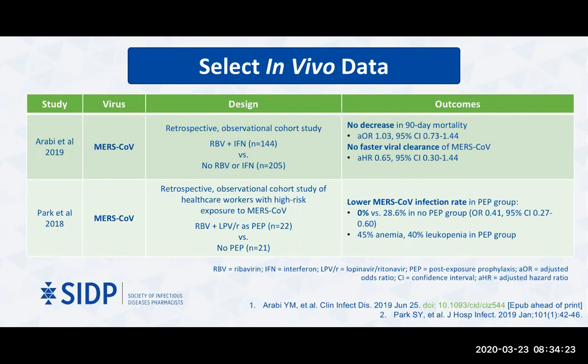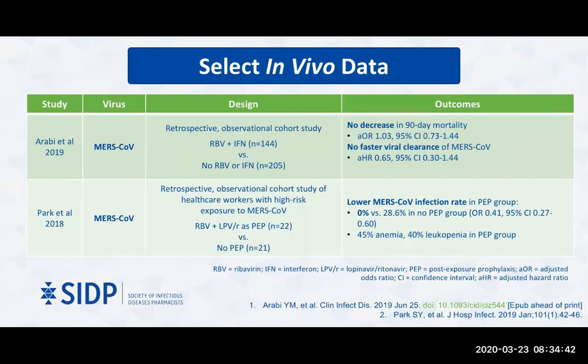And the Park and colleagues study was a cohort study of healthcare workers with high-risk exposure to MERS coronavirus. And this one also looked at combination ribavirin, but this time it was lopinavir, ritonavir instead of interferon. That was the second agent as part of the regimen.